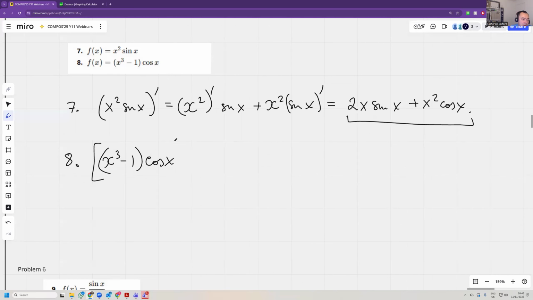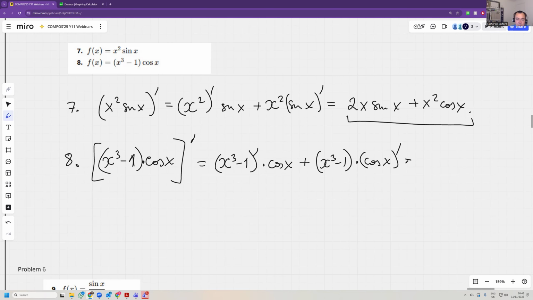So you can use the product rule. So (x cubed minus 1) multiplied by cos x plus (x cubed minus 1) multiplied by the derivative of cos x. The derivative of x cubed is 3x squared minus 0, because the derivative of 1 is 0.